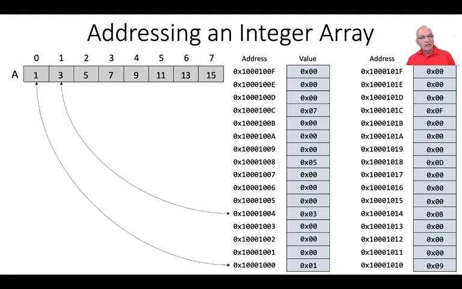The reason that there is a skip of 4 between the base of the array where the first element is and the element 1 of the array is because each element has to occupy 4 bytes, and each byte has its unique address in memory. So following, we have the element 2 of the array at the address 0x1008, the element 3 of the array at 0x100C, and so on.